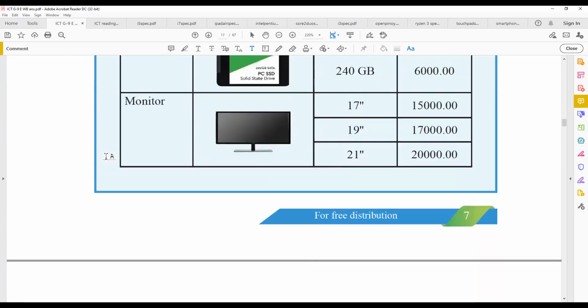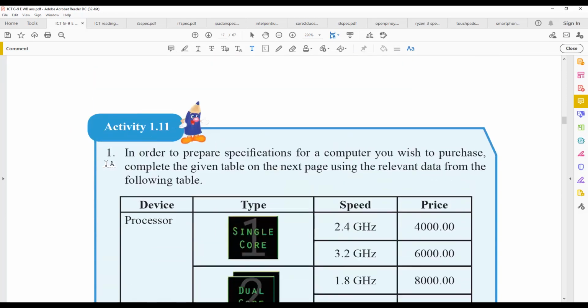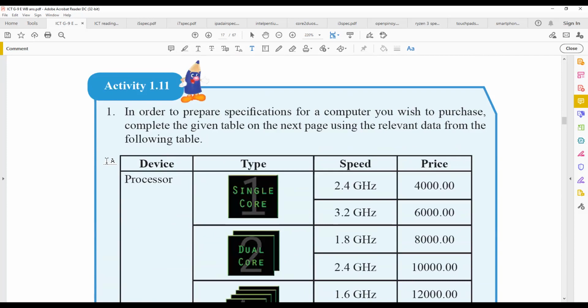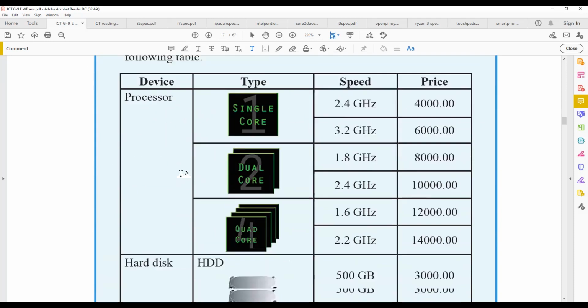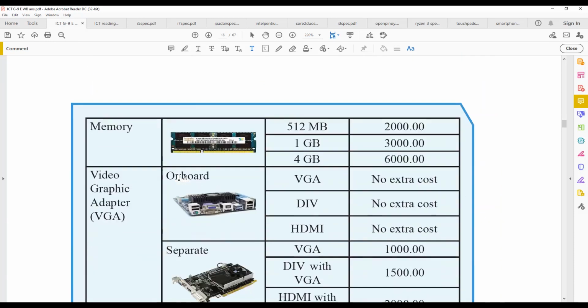Right. The question asks you, computer you wish to purchase, complete the table, and then you need to fill the table, right? So let's start with the processor.